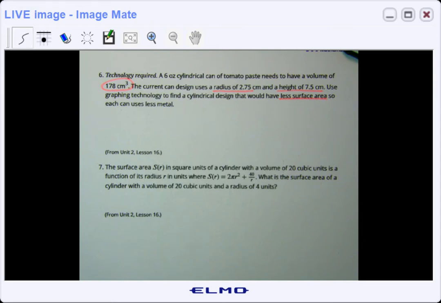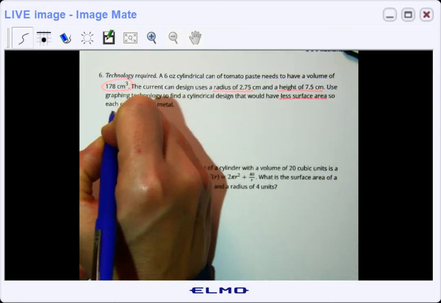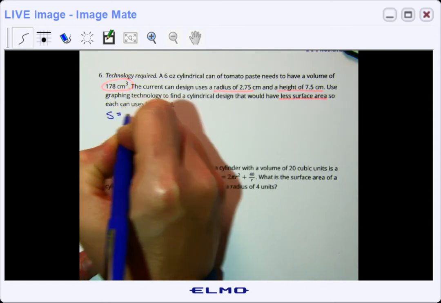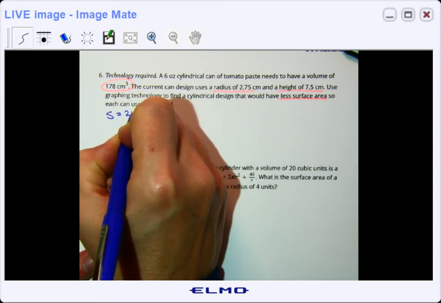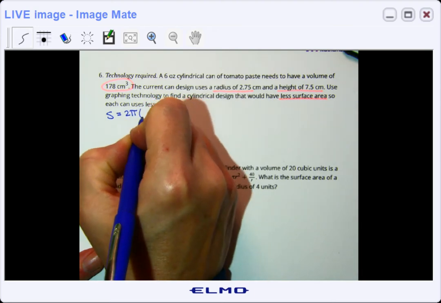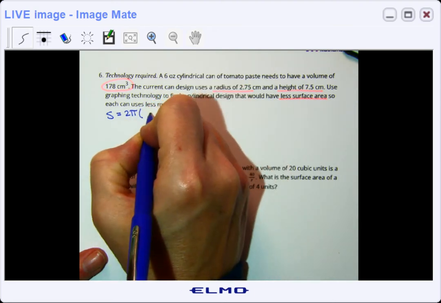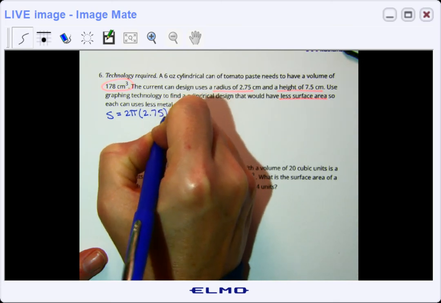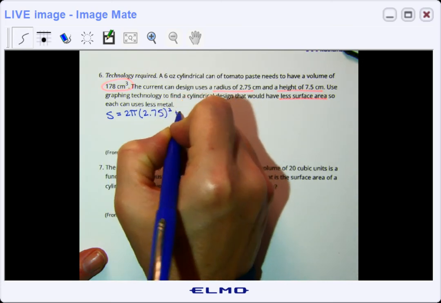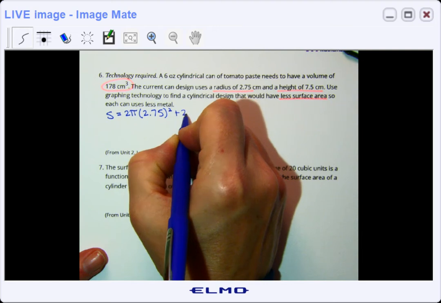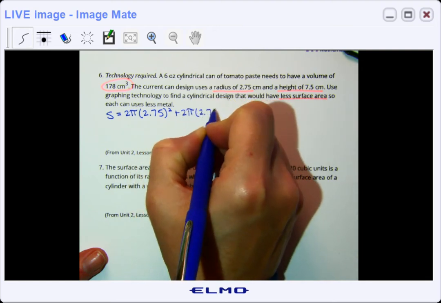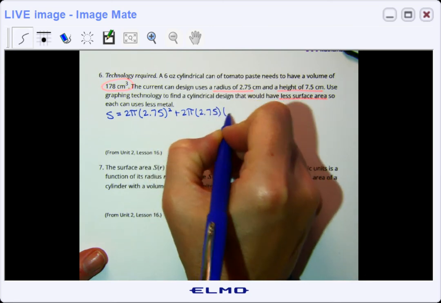Okay, so the surface area, remember that little formula, surface area equals 2 pi times the radius squared, so 2.75 squared, and then plus 2 pi times the radius times the height.